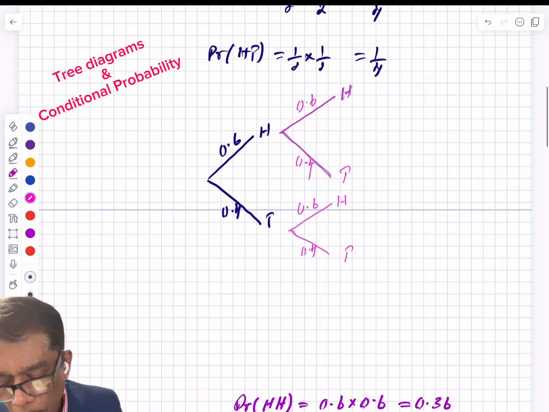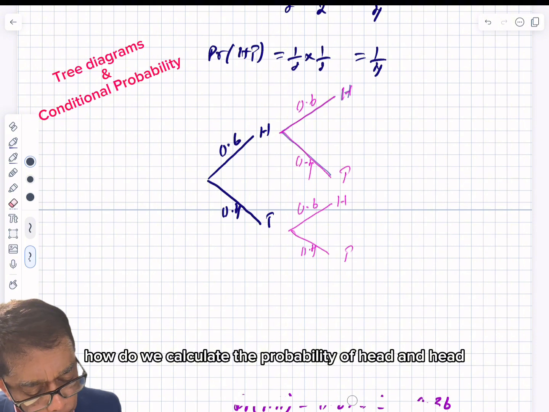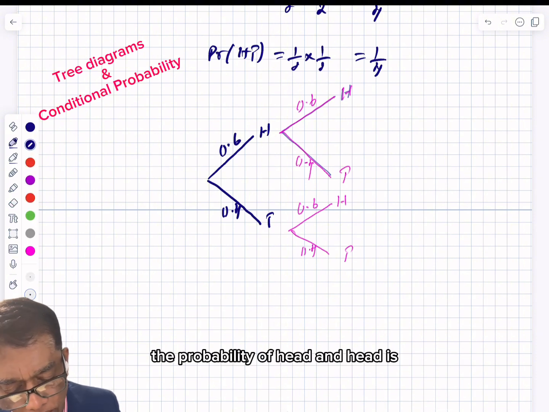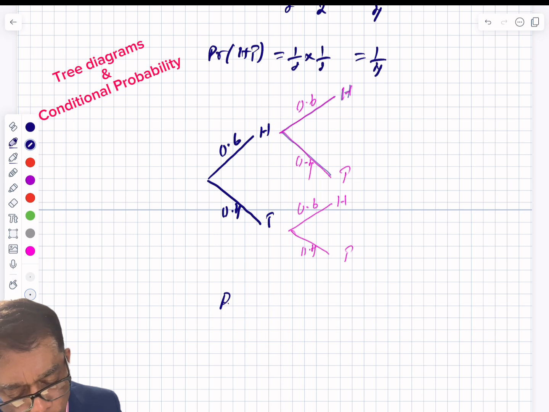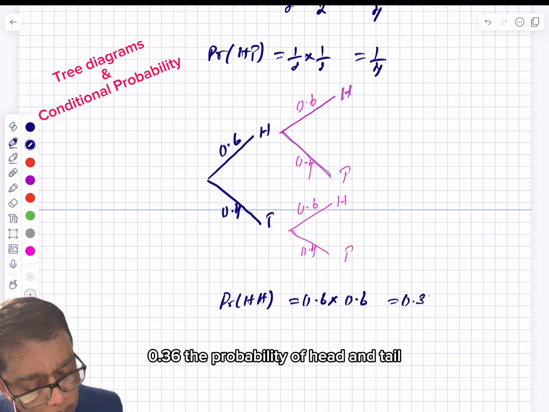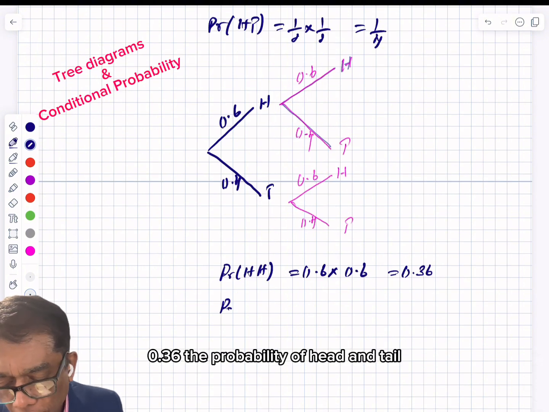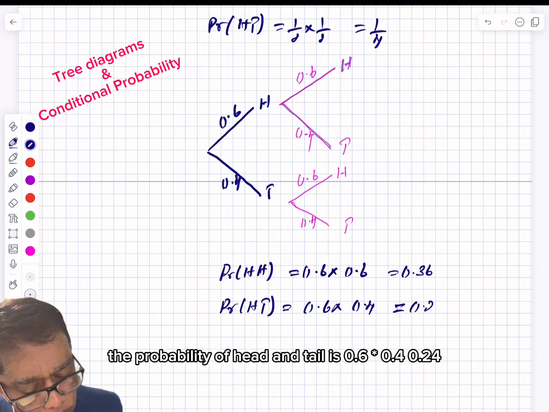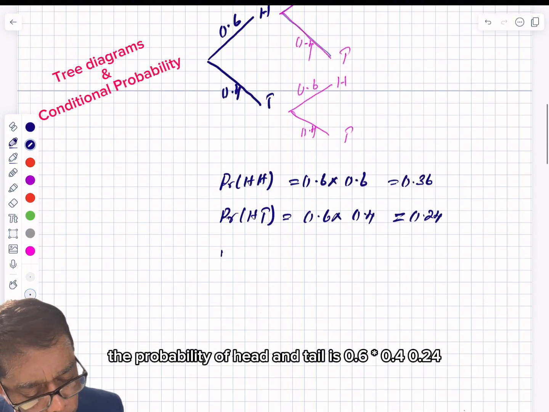Now, how do we calculate the probability of head and head? It is 0.6 times 0.6, which is 0.36. The probability of head and tail is 0.6 times 0.4, which is 0.24.